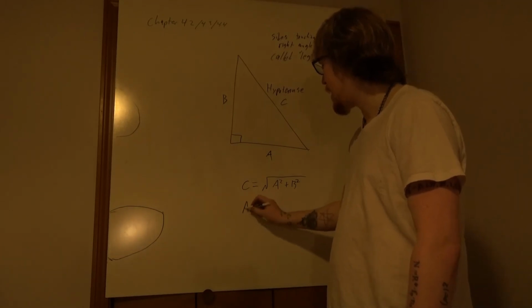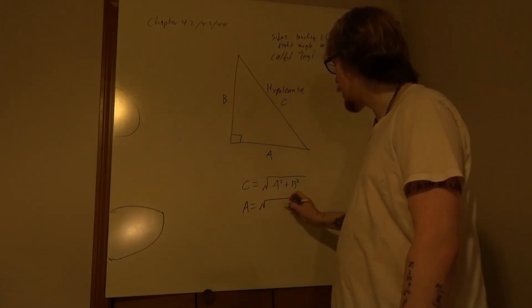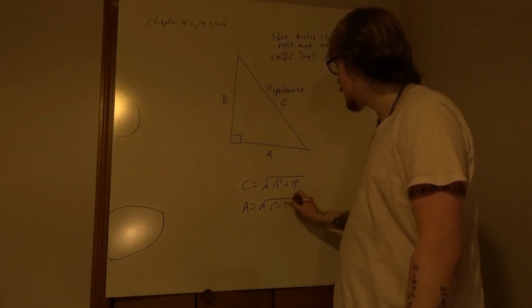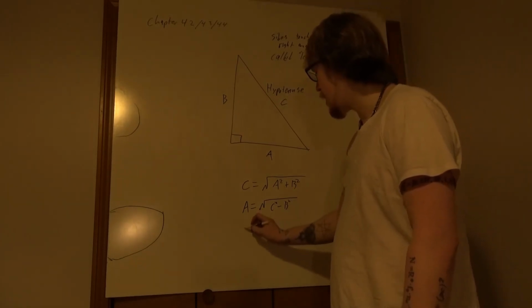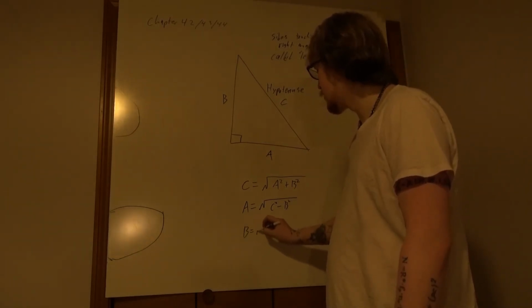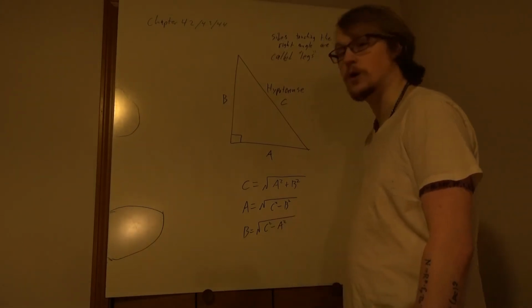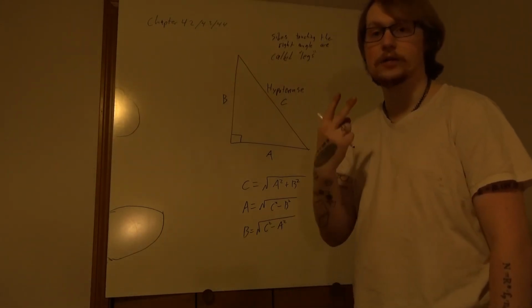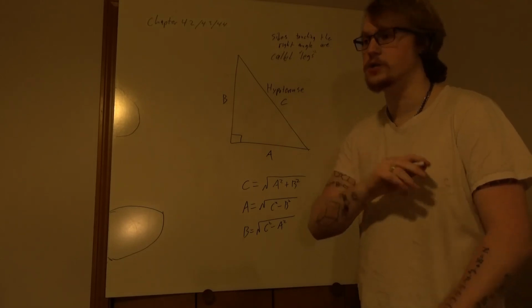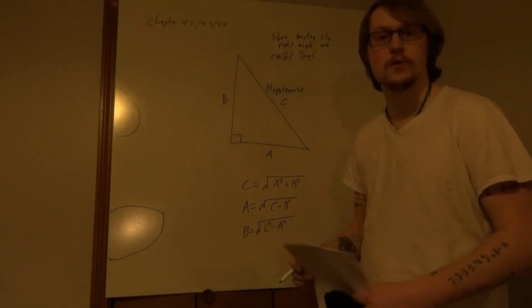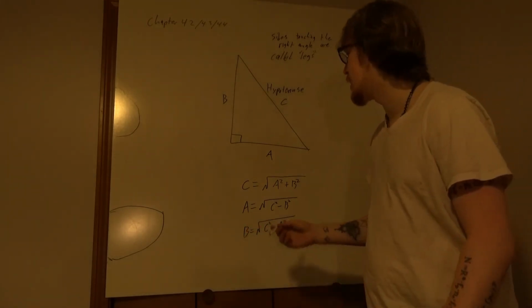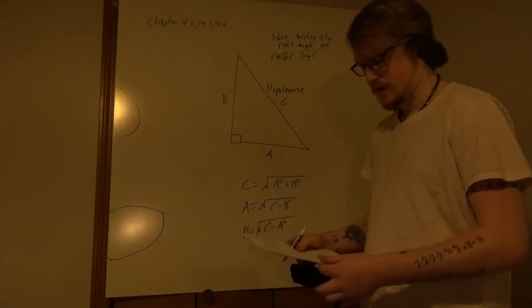A is going to be the square root of C squared minus B squared, and B is equal to the square root of C squared minus A squared. So if you know any two side lengths of a triangle, then just using the Pythagorean theorem, you can figure out the remaining side length.